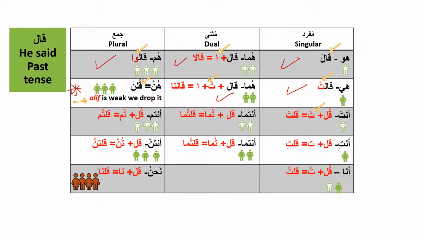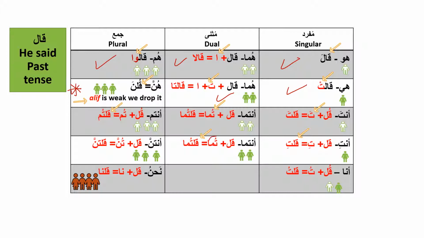For أنت, أنت قلت, no ألف. Again, we drop ألف and we conjugate the same as what we did before in the past tense. أنتما, you both, male. قلتما. أنتم, group of males. قلتم, remember, drop ألف. أنتِ, you female. قلتِ. أنتما, two females. قلتما.